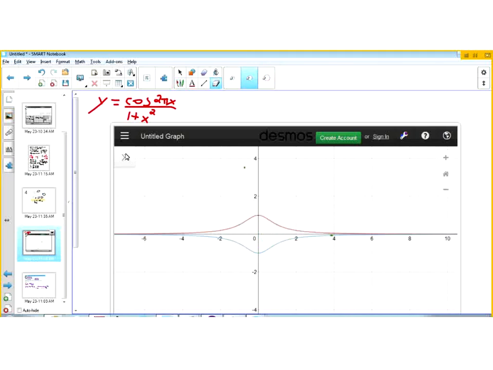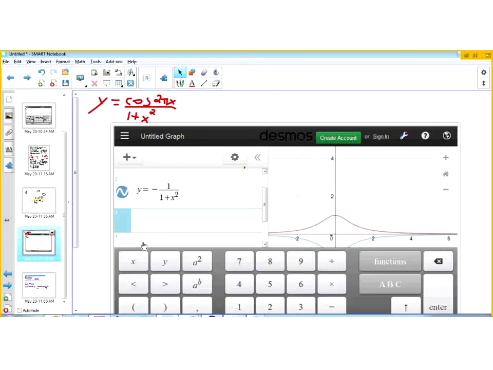So let me erase the green portion and show you the remaining part. So this would be y equals cosine of 2 pi x divided by 1 plus x squared.